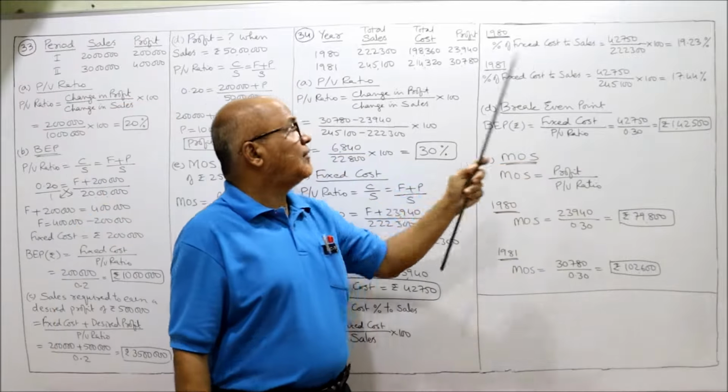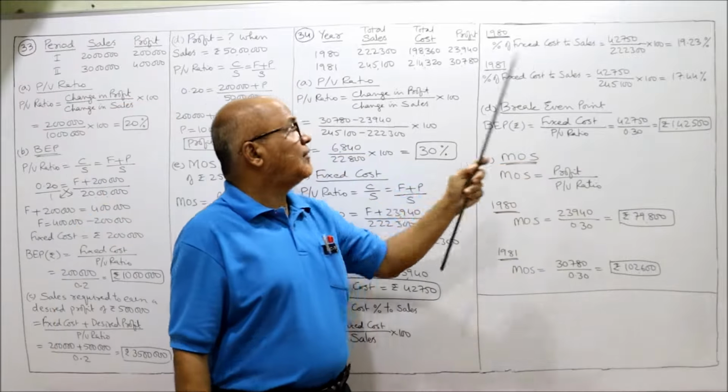So 7,000 into 100, 7 lakh are the sales. 9,000 into 100, 9 lakh are the sales. Now profit or loss. In the first year, the company incurred a loss of 10,000, so minus 10,000. Second year, the company has earned a profit of 10,000, so plus 10,000. Minus means loss. This is the data given.